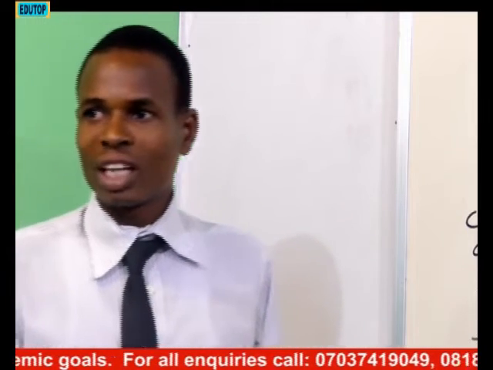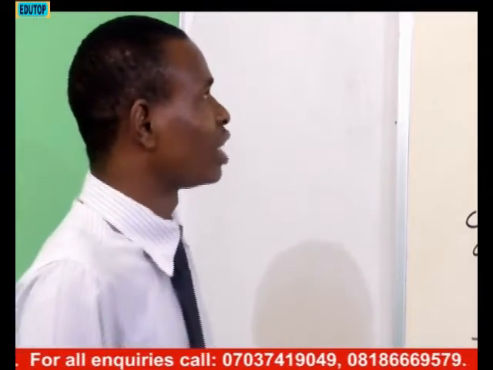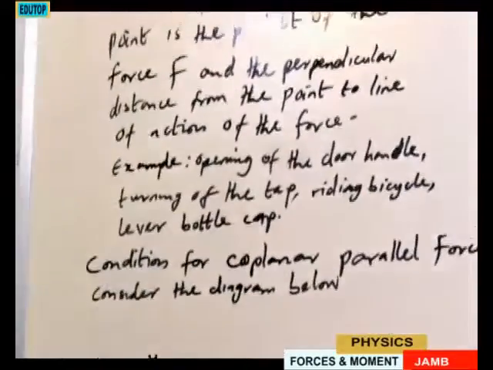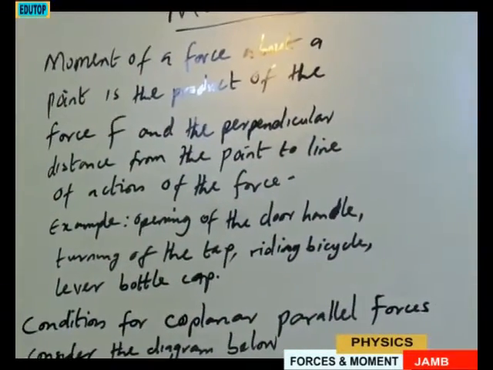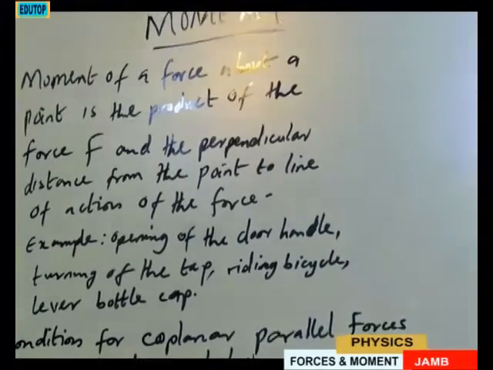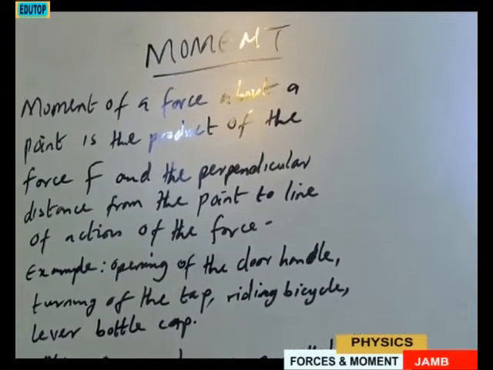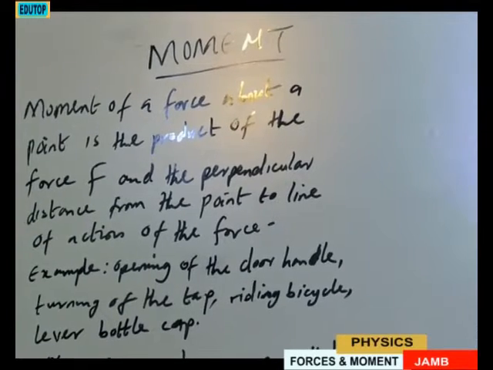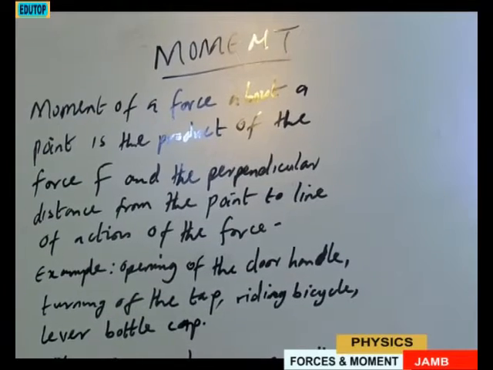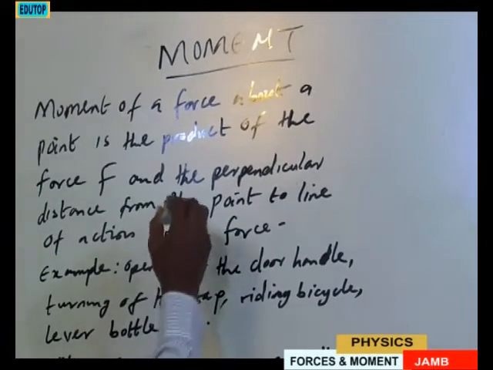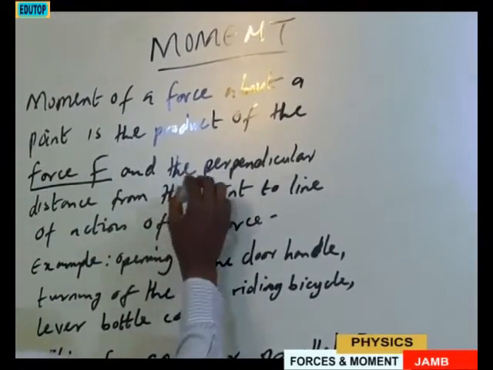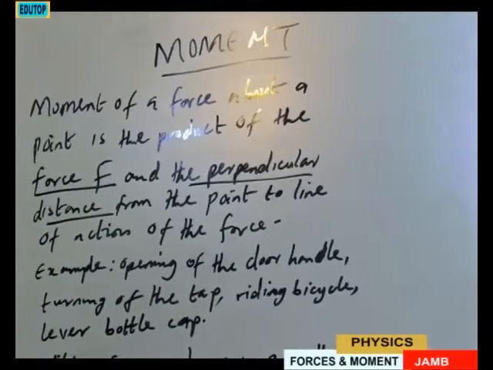We are starting with moments. As we can see, in summary, the moment of a force about a point is the product of the force F and the perpendicular distance from the point to the line of action of the force. The two things you should take note of here: the product of the force F and the perpendicular distance.